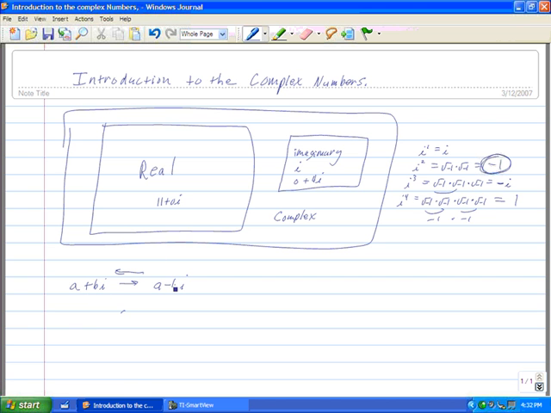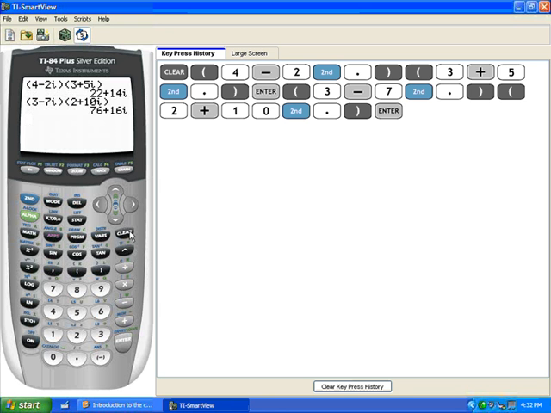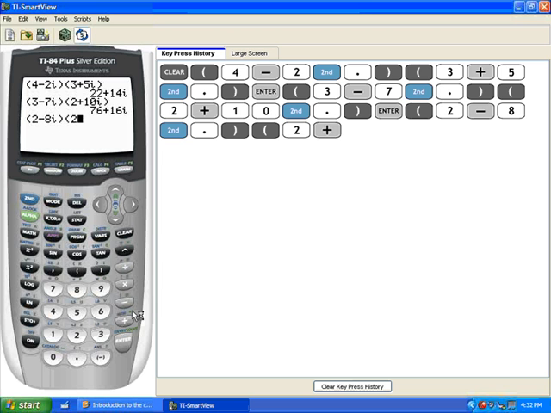Now, when we multiply complex conjugates, let's look at an example on the calculator. Let's take 2 minus 8, second function, bring up the i. So 2 minus 8i would have for its conjugate 2 plus 8i. So those would be conjugates of each other.